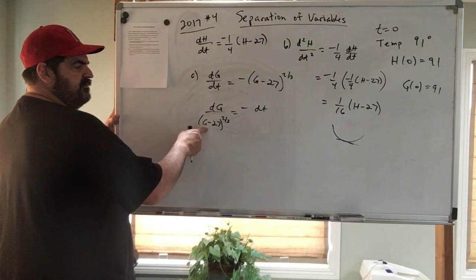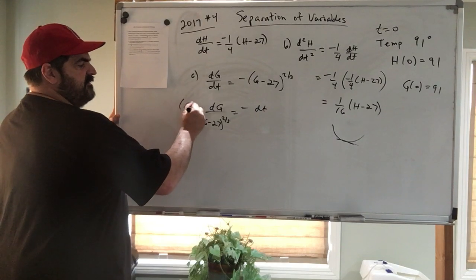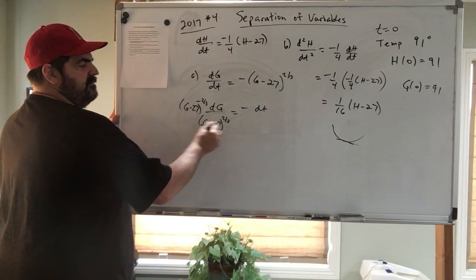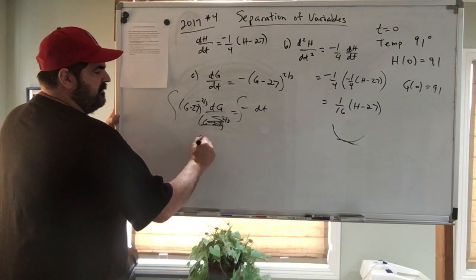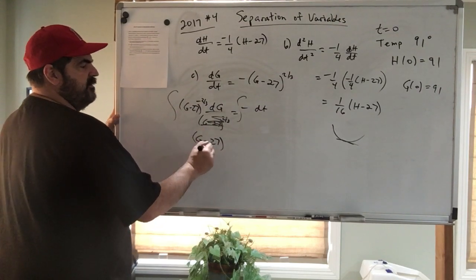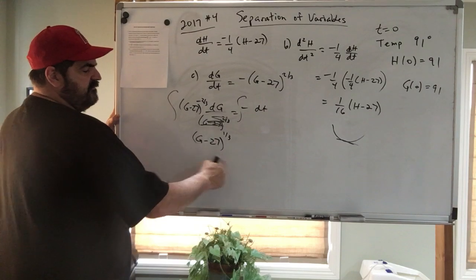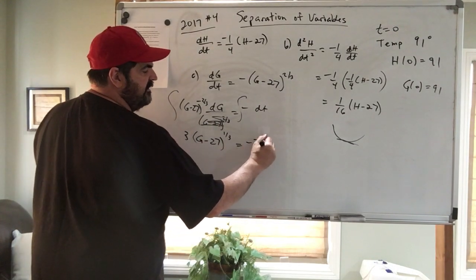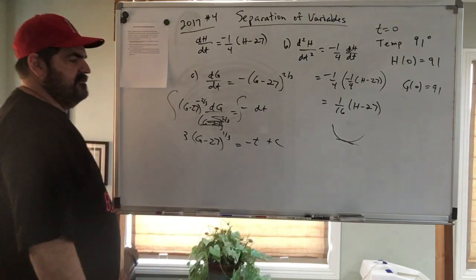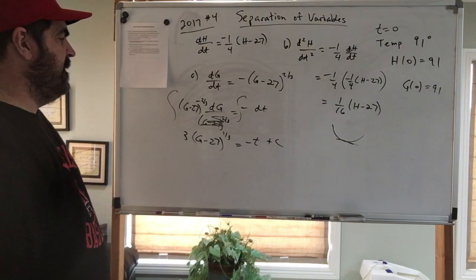If I'm going to take the integral of this, I would bring this up as -2/3 to take the integral. So the integral, you're going to add 1 to 2/3, you're going to get 1/3. Divide by 1/3, which gives you a 3 in front, and then -t plus c. Integral of 1 is just t, right?